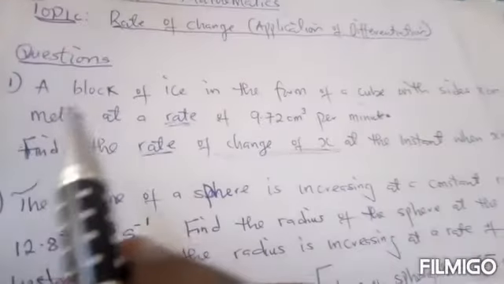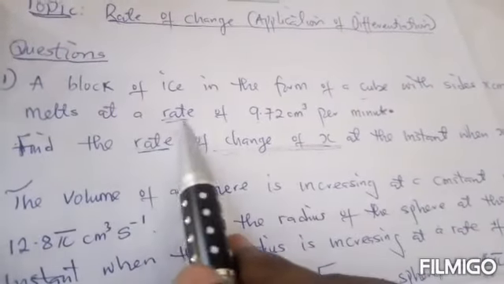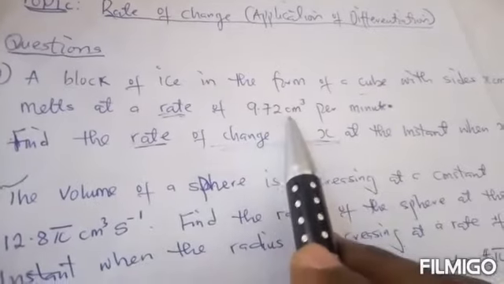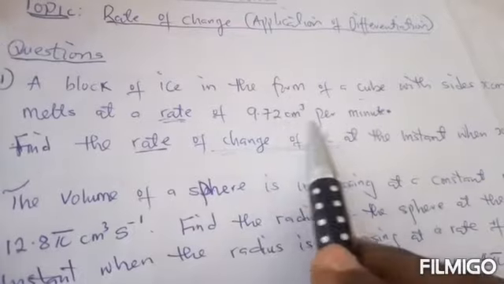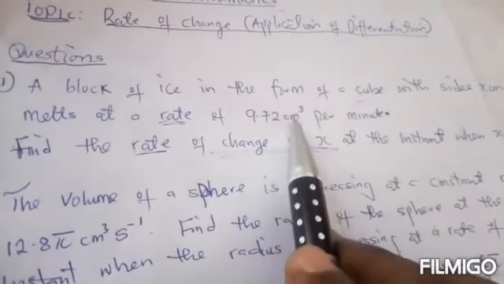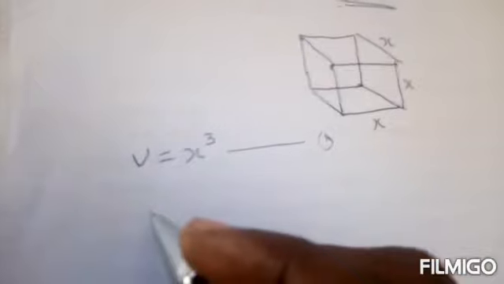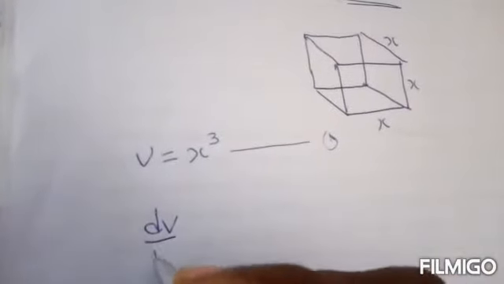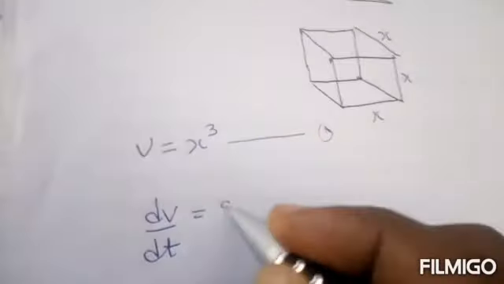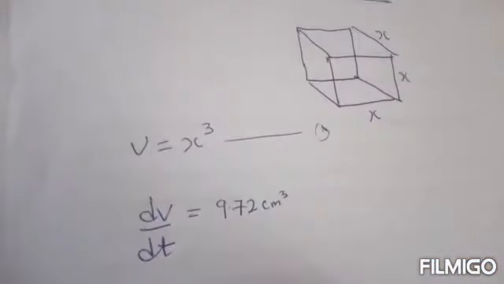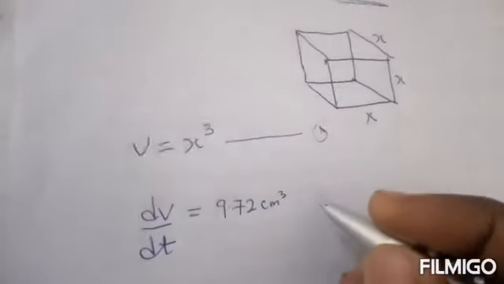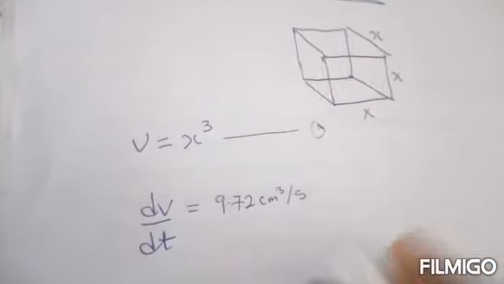Now let's get the variables that we have in the question. It melts at a rate of 9.72 cm cubed per minute. This is the rate, and this is a volume in cm cubed. So what it simply means is that we have been given dV/dt to be 9.72 cm cubed per minute.